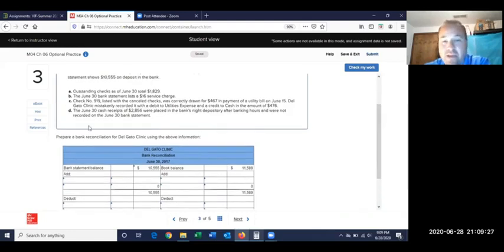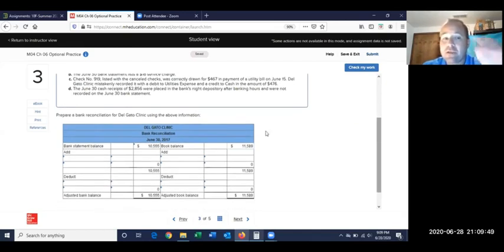So these are the 4 things that showed up when we compared to the bank statement. The first thing it says was there was an outstanding check for $1,829. So if we think back to the lecture example, outstanding checks, that's something that I know about as the company, but we want to pretend that the bank knows about it. So if we're going to pretend that the bank knows about it, we're going to adjust the bank side.